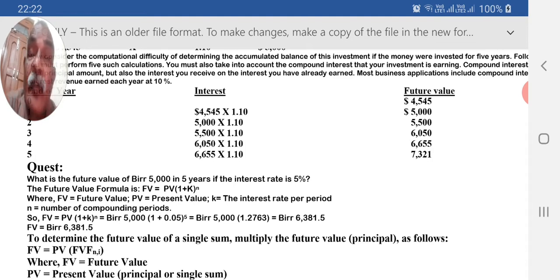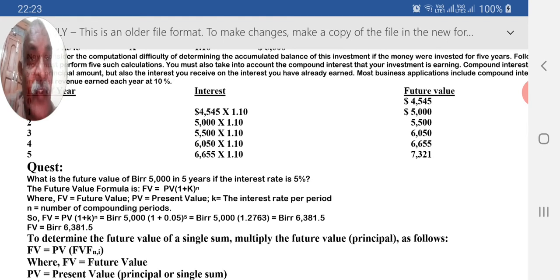But there is one formula that will give you the quick result. Suppose you are investing 5,000 rupees right now for 5 years, and the rate of interest is 5%. Then future value is equal to present value multiplied by 1 plus i to the power n.